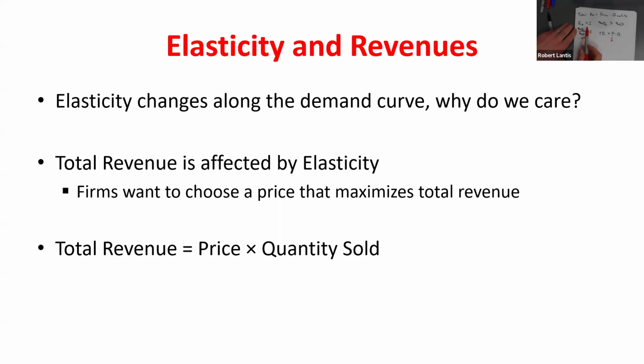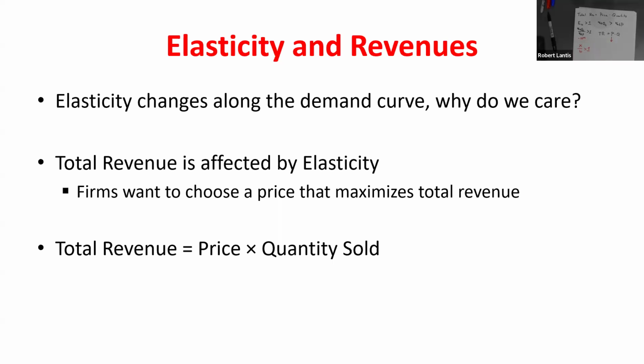If I know it's elastic and I lower the price by 10%, the percentage change in quantity demanded has to be not a specific value, but greater than. What does X have to be?